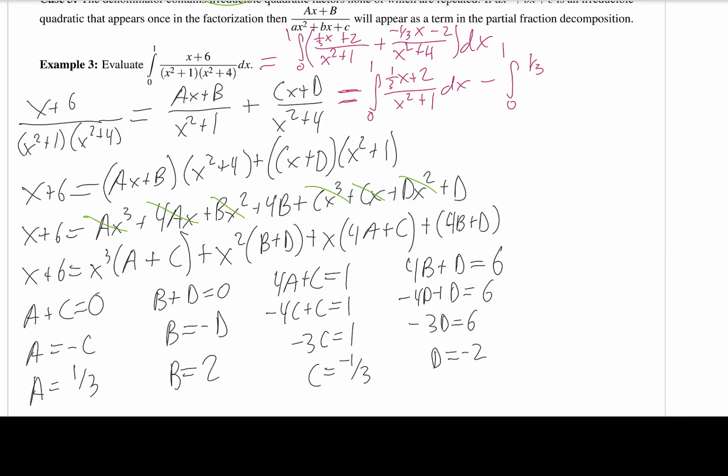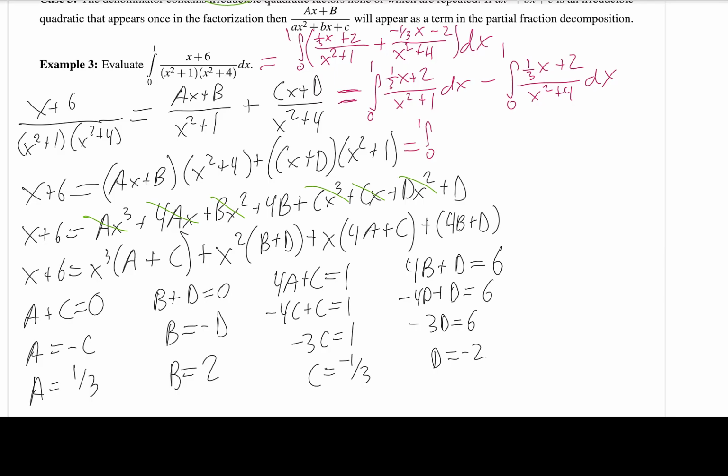So that becomes 1/3 x plus 2 over x squared plus 4. Now I'm going to take these two and break them up into two separate parts using the numerator.